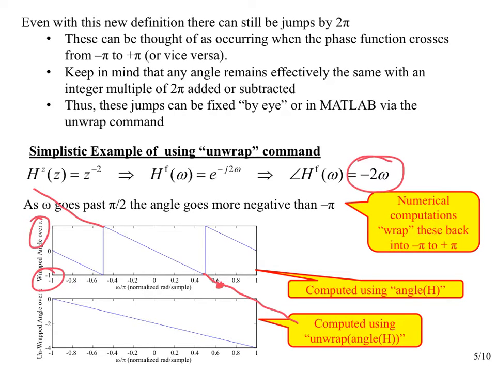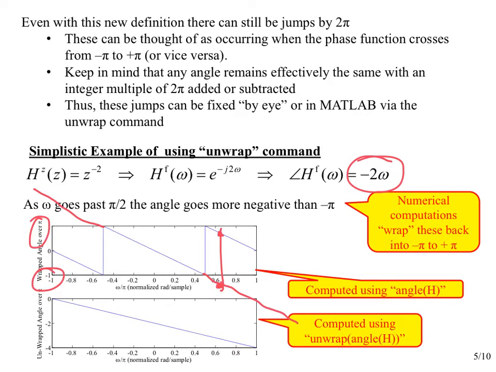And so MATLAB would compute that and say, I have no reason to say that it's more negative than minus pi. I'm going to put it here. So those two angles put it at exactly the same position on the complex plane, and they differ by 2 pi. So these 2 pi jumps correspond to this so-called wrapping error.